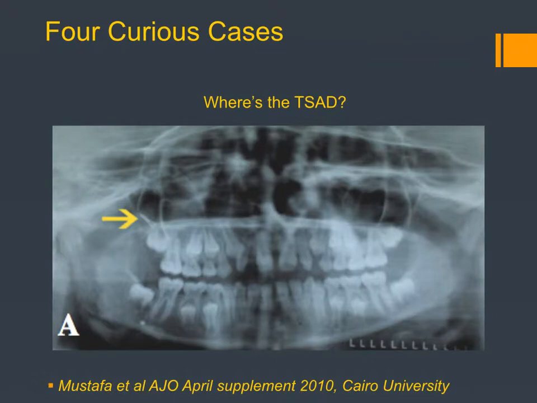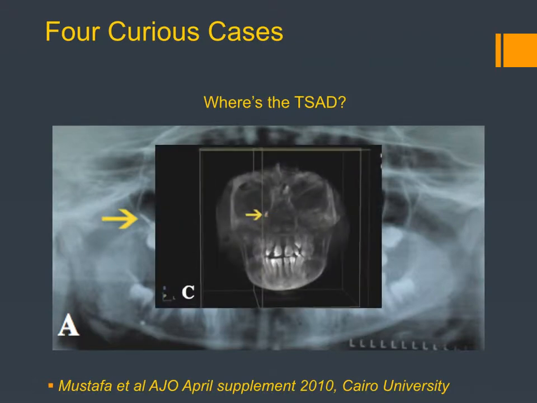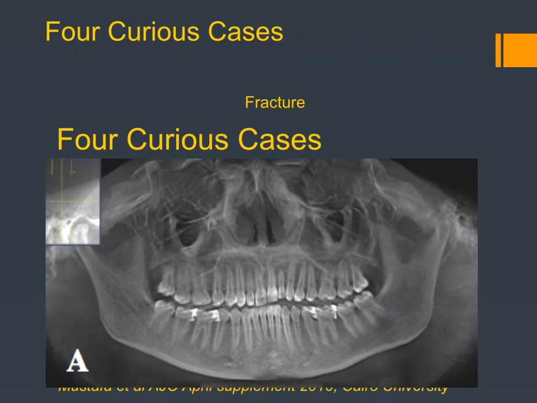It's probably slipped into the soft tissue somewhere, and this pano suggests that it's up in the third molar area. But no, it's actually in the sinus and pretty close to the eye socket. So we can see that the panoramic is not extremely helpful there.